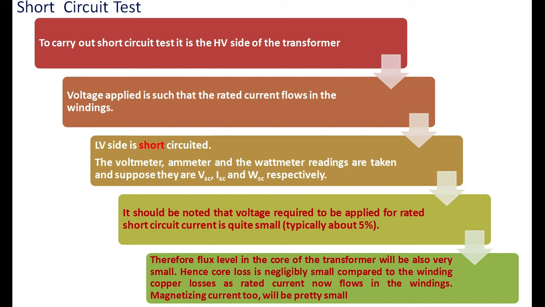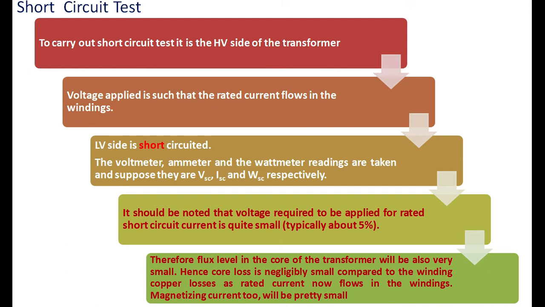Then, the next point, voltage applied. In the short circuit test, we are injecting the rated current into the transformer. In the case of the OC test, we apply the rated voltage, whereas in the case of the short circuit test, we circulate the rated current in the transformer. That is the main difference between the OC test and SC test.